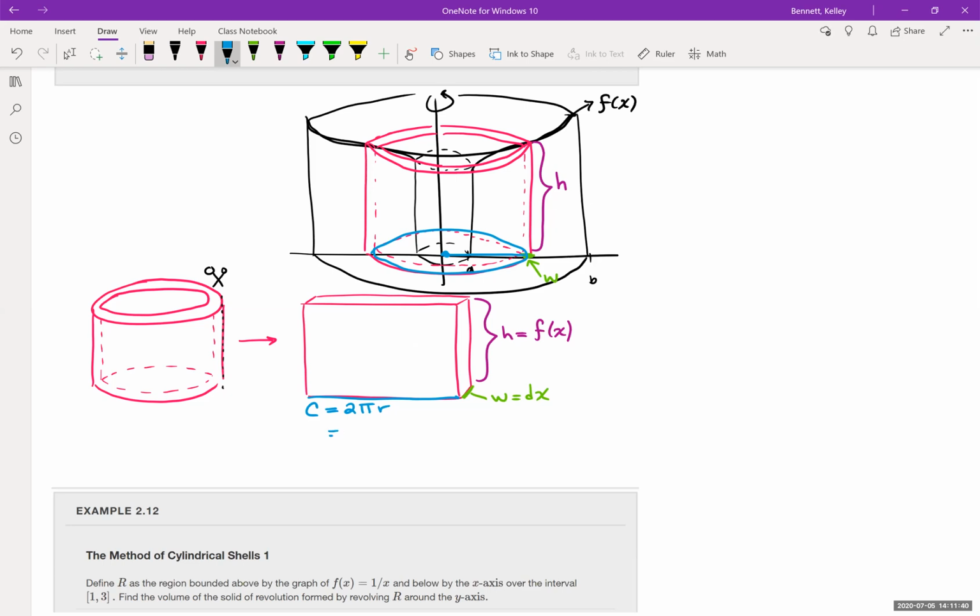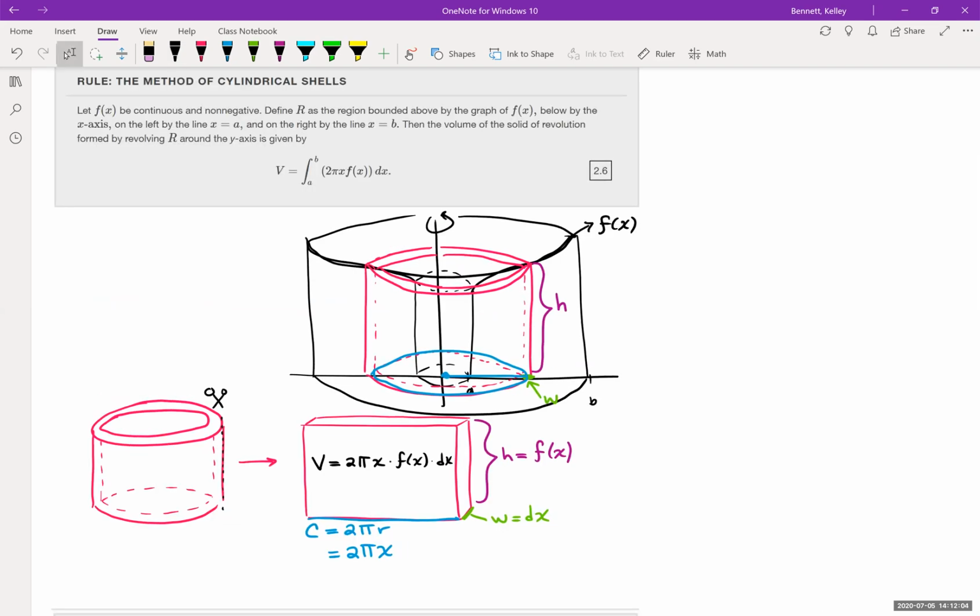So this equals 2 pi times x. The volume equals these three dimensions multiplied together: 2 pi x times f of x dx. And that's where the volume comes from in this formula here.